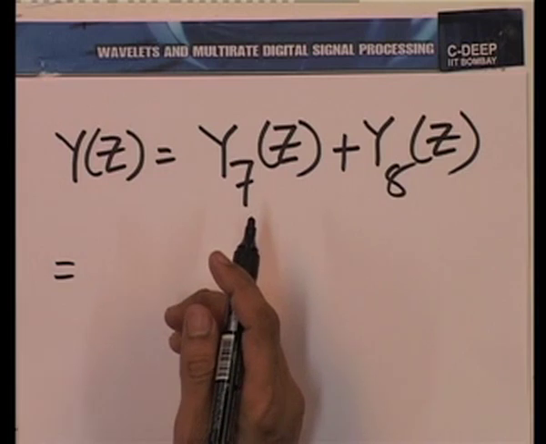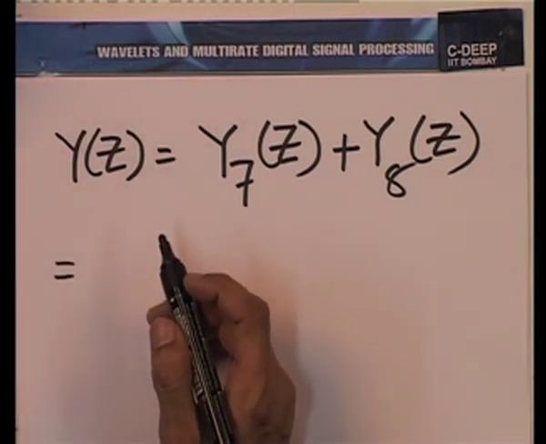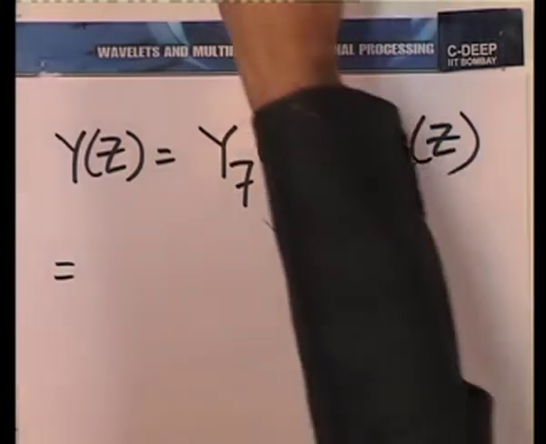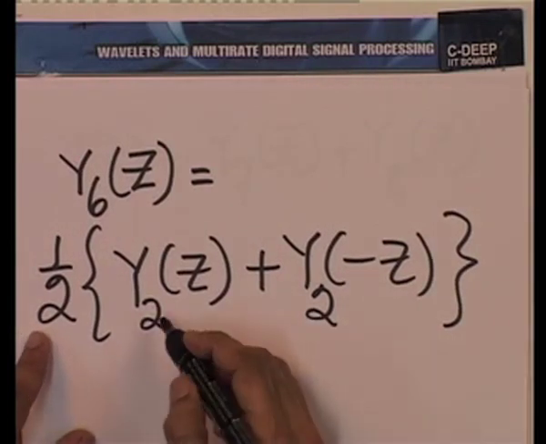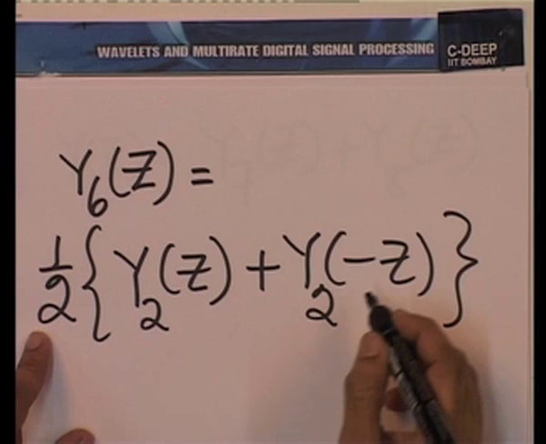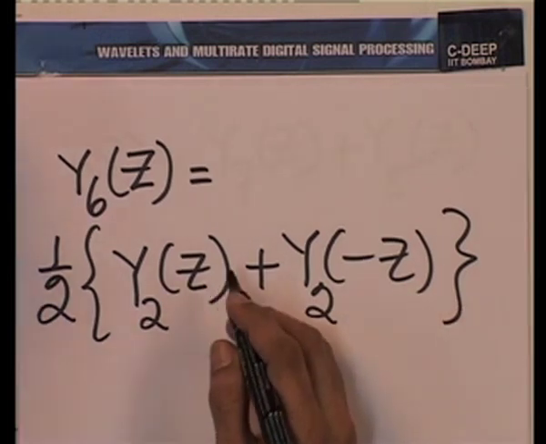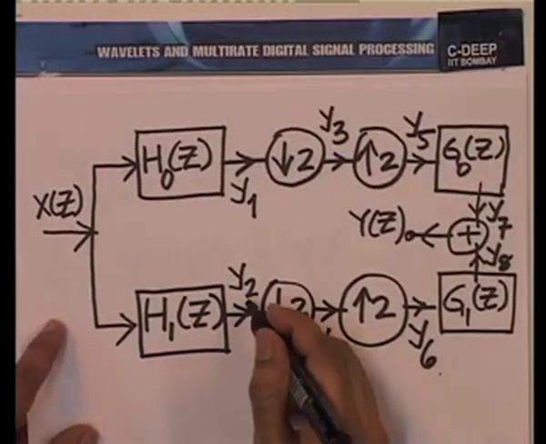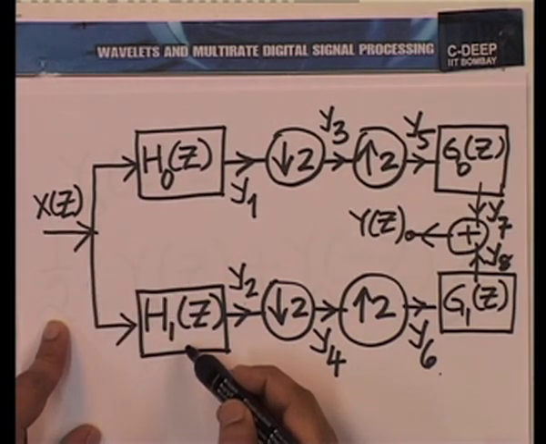let me put before you the expression for y 5 and y 6 once again. So, let us take y 6 as an example. Now, you are going to involve y 2 z and y 2 minus z. Y 2 z, if you recall, is x z times h 1 z as an example.